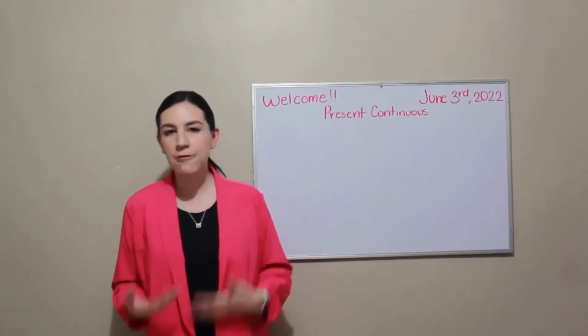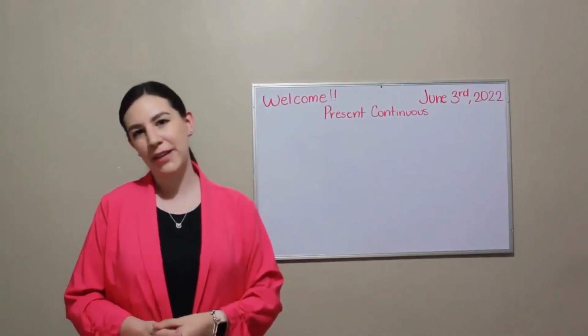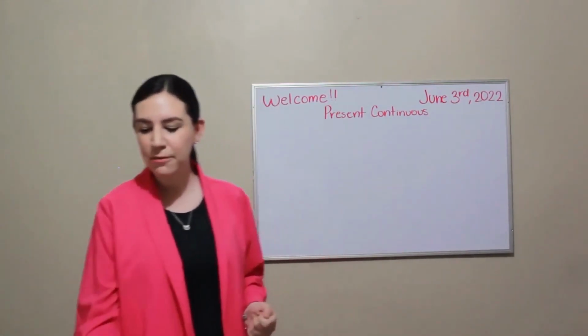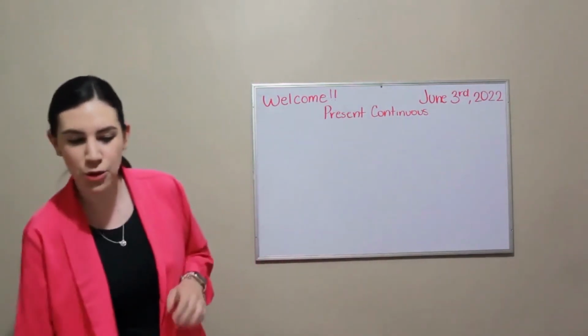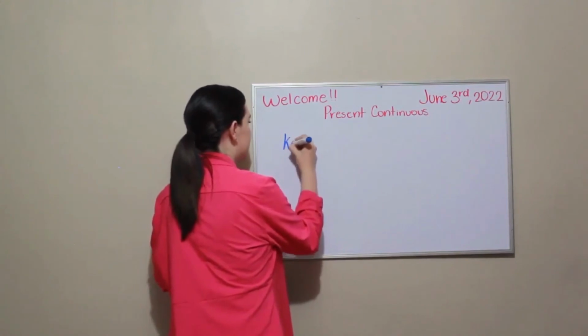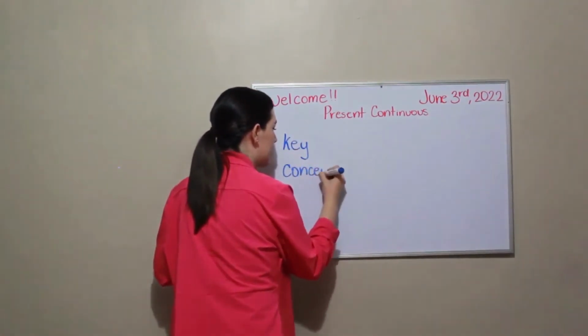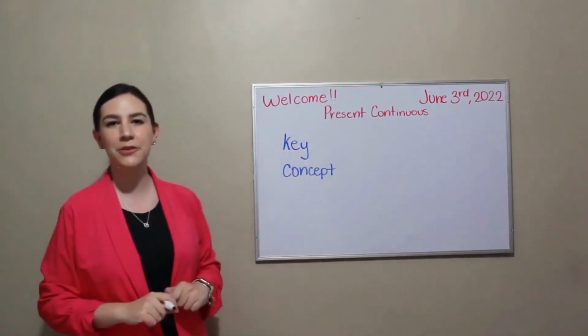So I want you to reflect on that and to tell me the next steps that you guys are going to take. I'm gonna be giving you an index card. Actually, you can take them from the desk. And on one side, I want you guys to write a key concept that you learned today. It could be anything, all right? Key concept about the present continuous.